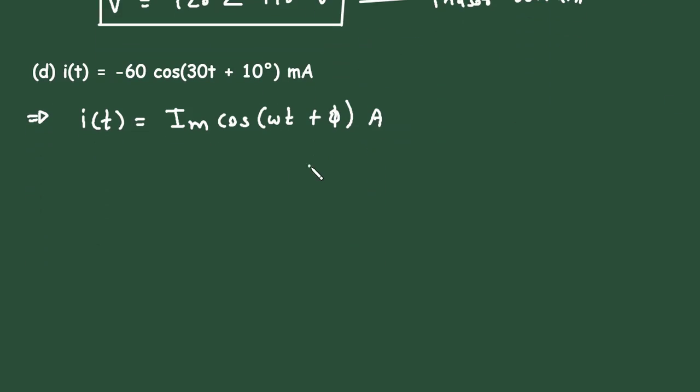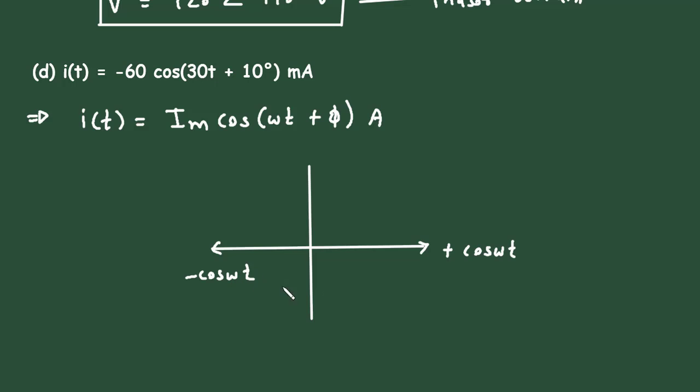So again, let's go to the basics. This is plus cos ωt. This is minus cos ωt. This is plus sin ωt. And this is minus sin ωt. This direction is the positive direction.